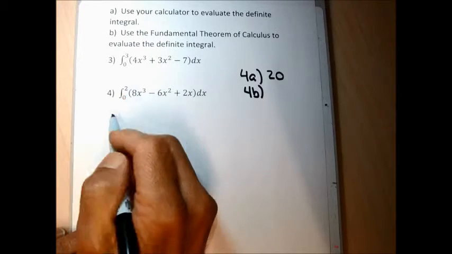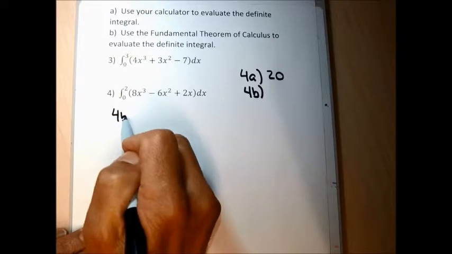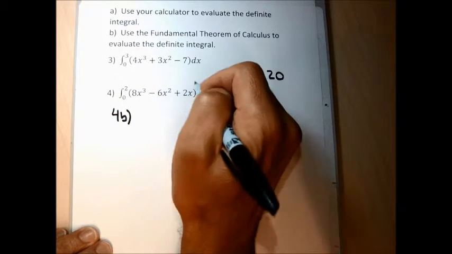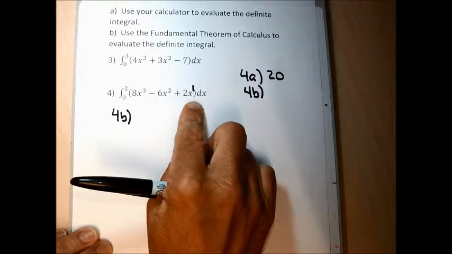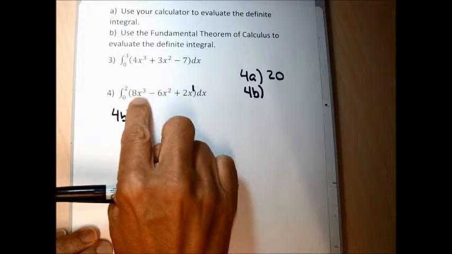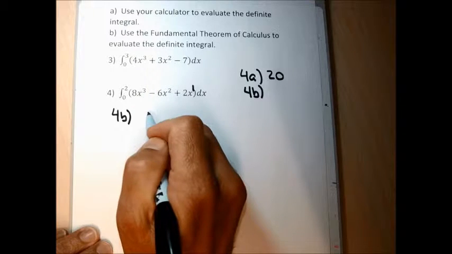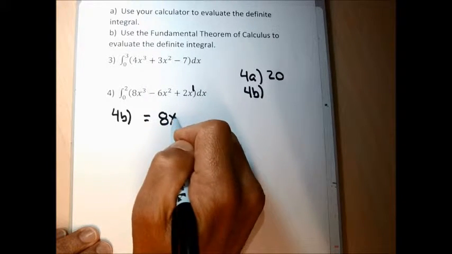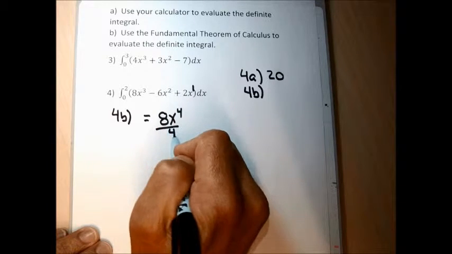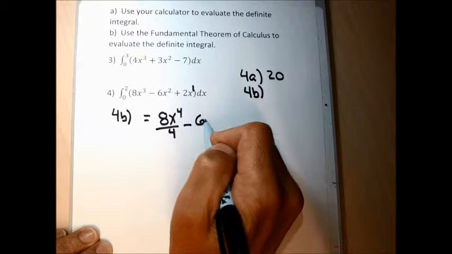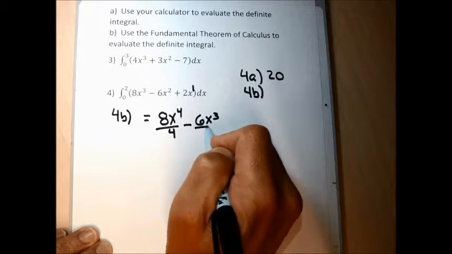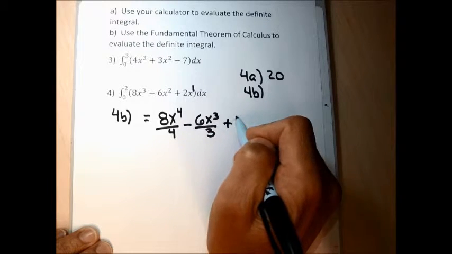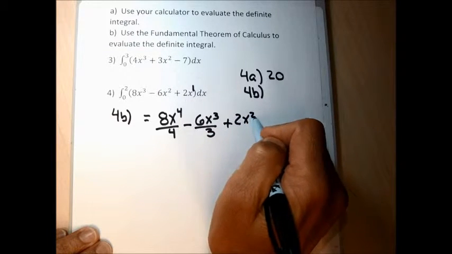Now to move on to 4b, I have to find the integral. For each one of these terms, I'm going to add one to the exponent and divide by the new exponent. So when I integrate, I'm going to get 8x to the 4th over 4, minus 6x cubed over 3, plus 2x squared over 2.